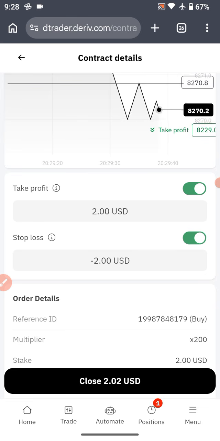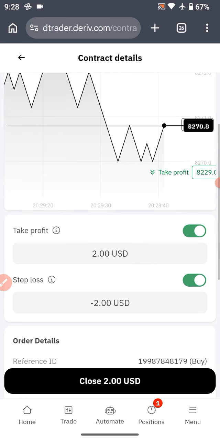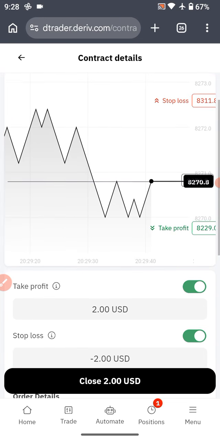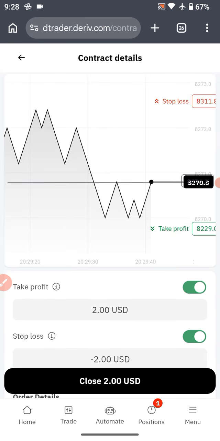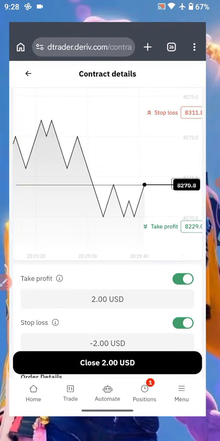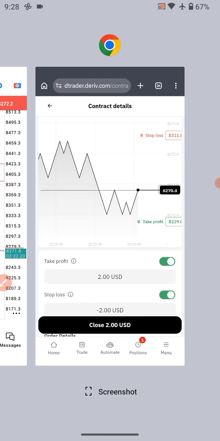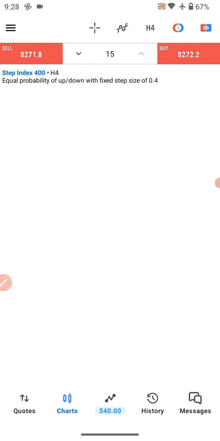So I have my TP and my stop loss in place right now, and I will be stopping this video right now. In the next video, I'll give you an update on how it went. You can see the places where the stop loss is written. Let me just do that before I end the video. 8311.8.